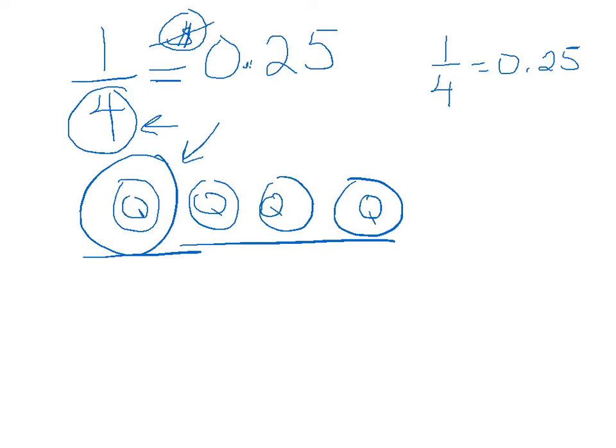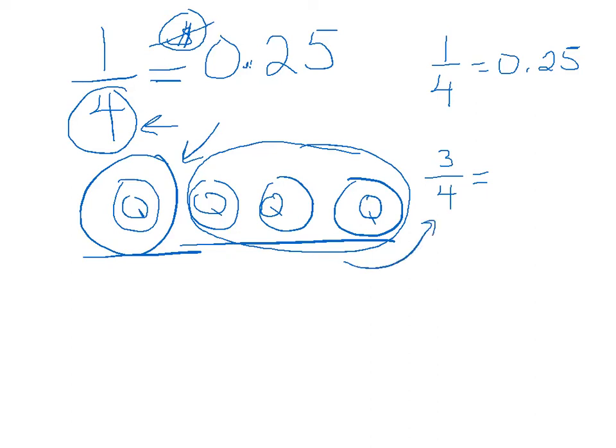Okay, let's say we have 3/4. Well, I'm going to look at my quarter design down here and decide 3 out of the 4 quarters would equal how much money? Well, 3 out of 4 would be 75 hundredths, or 75 cents, which is 75 hundredths.